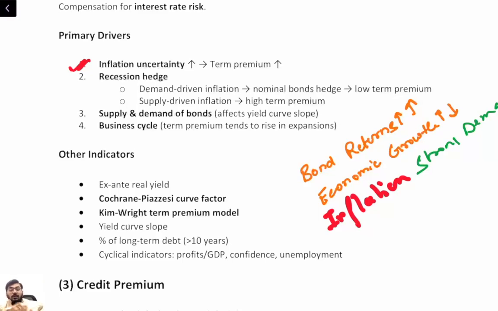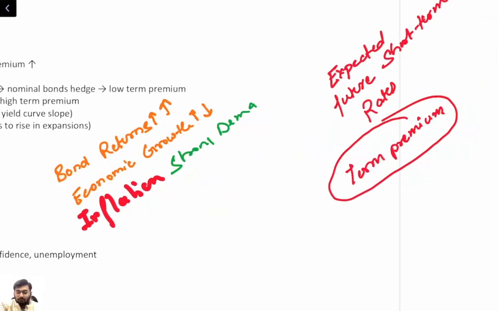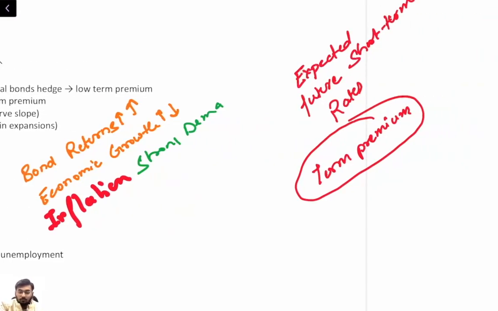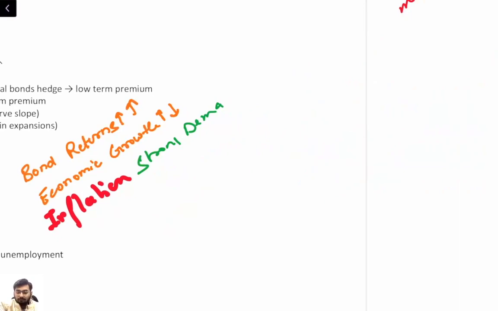Bond returns will fall when growth rises. Bond returns will fall when growth increases. Clear? They are moving in the opposite direction, negative correlation.